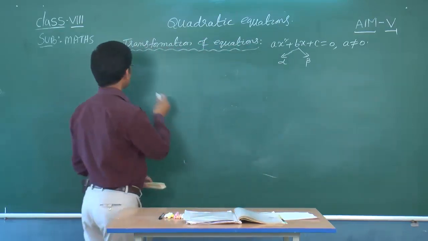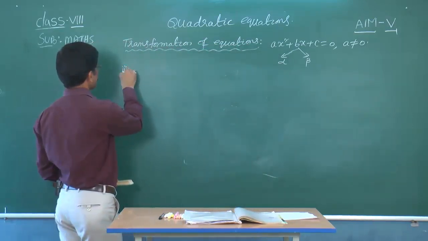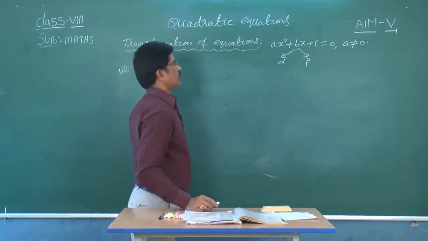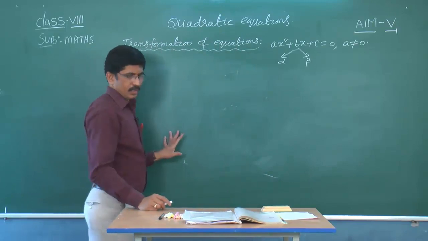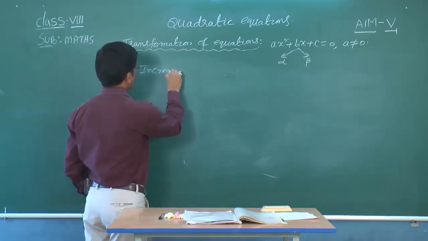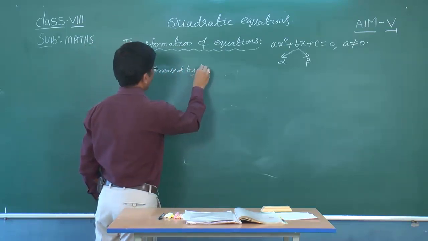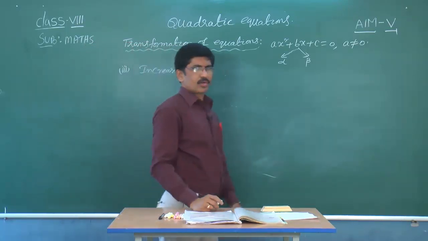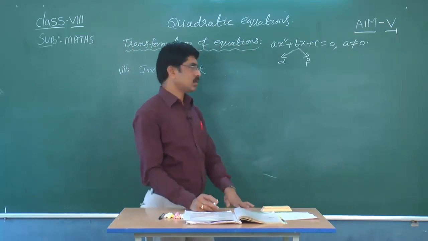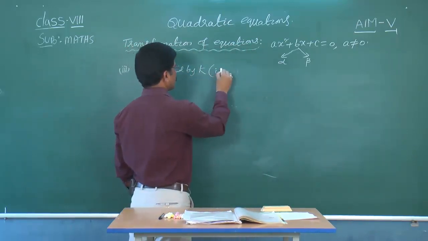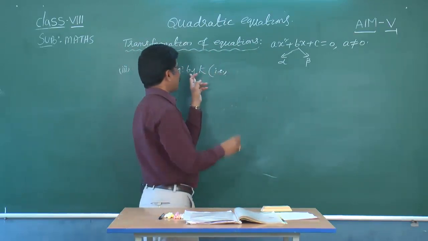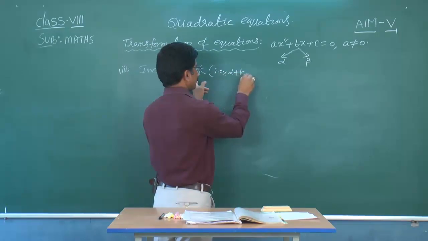Third one. When the roots are increased by k, where k is a constant, either 2 or 3 or 4 or 5 or like that. That is, the first root is alpha, increased by k, alpha plus k.